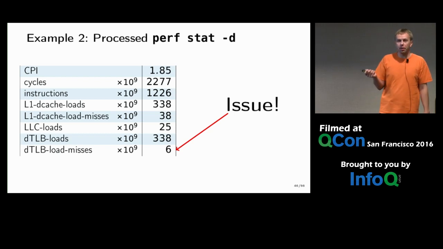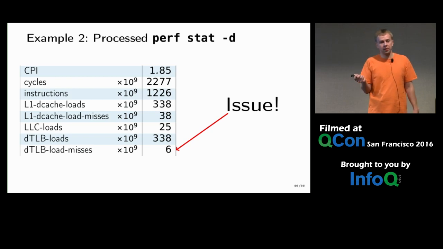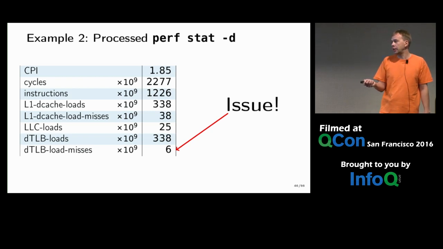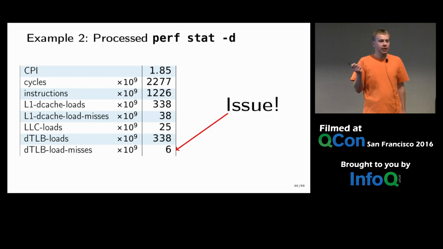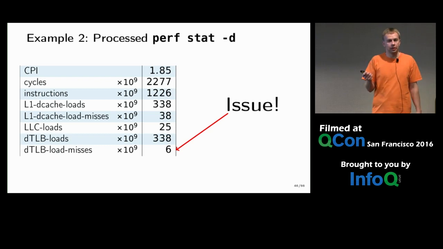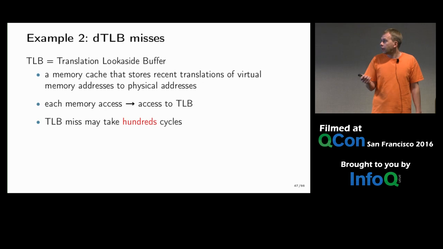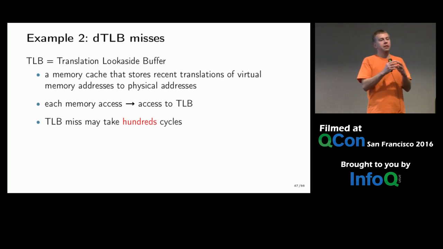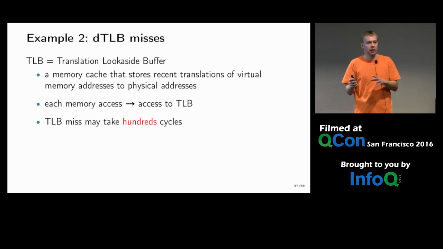I show that example because if you have a memory intensive application, you should look exactly into the TLB. It's the first thing you have to solve with a memory-intensive application. Who knows what TLB is? Okay, it's a small but very fast cache inside the CPU, which helps us when we need a translation from virtual address to physical address.